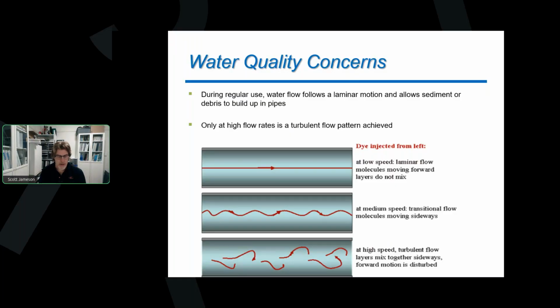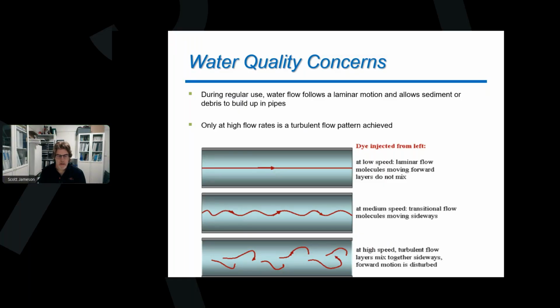So people having showers, flushing their toilets, what you'll get is you'll get flow just moving down the very center line of the pipe. And the water that's on the edges doesn't move very much.